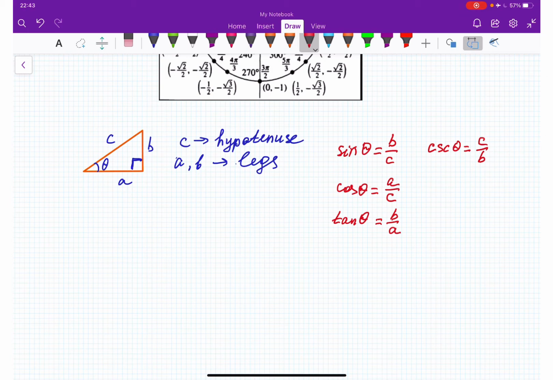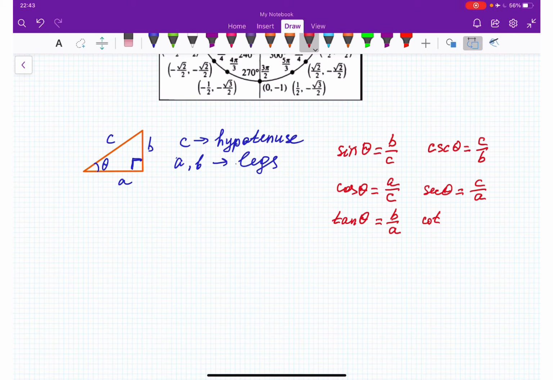Secant theta, to get secant theta, you flip the ratio for cosine theta, which is going to be hypotenuse to adjacent side. And cotangent theta, so take a guess. If you flip the ratio, that means cosecant is 1 over sine, right?